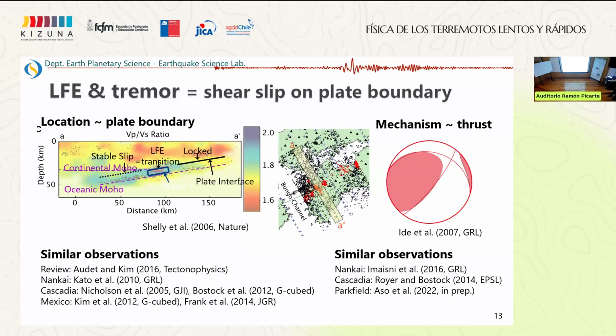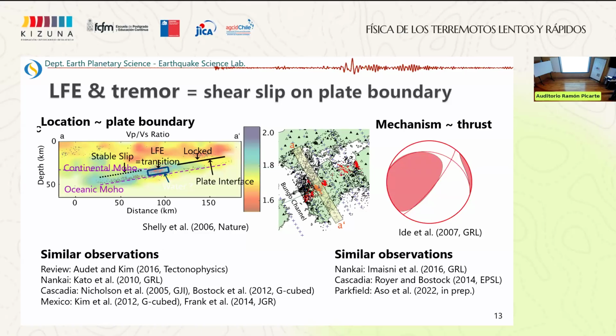So we can determine the location of low frequency earthquakes precisely. If we locate them along this cross section, we can see that low frequency earthquakes occur around here, and there is a lineation of earthquakes here.